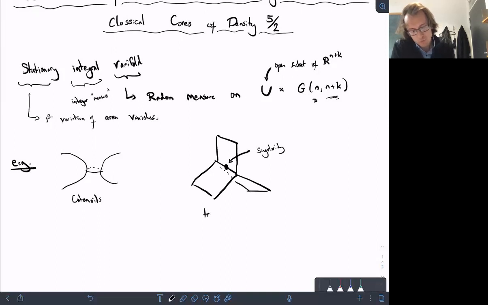So this is what we'll call a triple junction. Again, there's some stationarity condition that has to be satisfied between the angles, and it turns out that the angle between each half plane has to be 120 degrees in order to satisfy the stationarity condition.